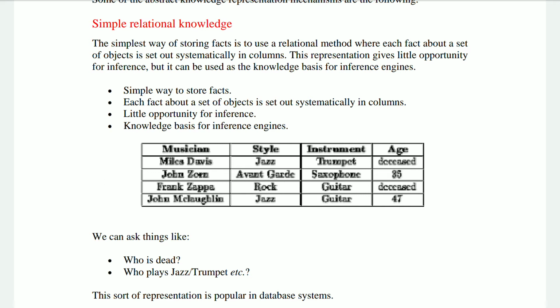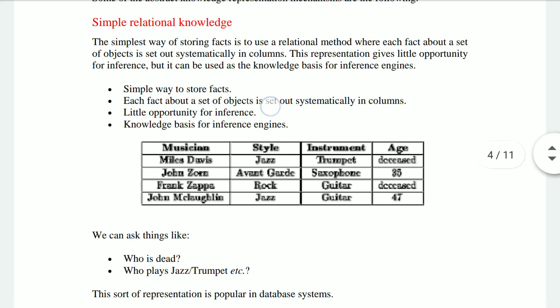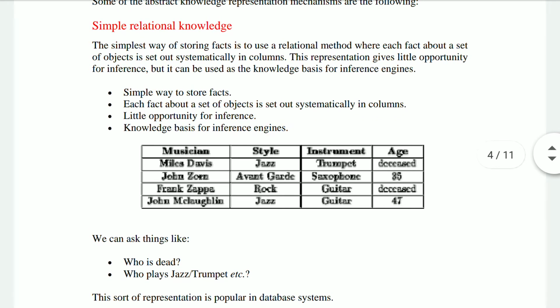The qualities we know about simple relational knowledge are that they are the simplest way to store facts. Each fact about a set of objects is set out systematically in the form of columns.